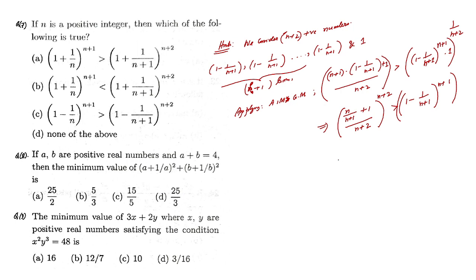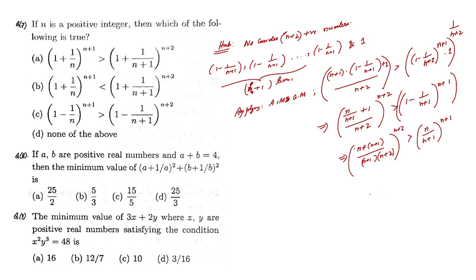And you will see here, so n plus 1. So that will be n plus n plus 1. That means n plus 1 by n plus 1 into n plus 2, to the power n plus 2, minus n by n plus 1, to the power n plus 1.